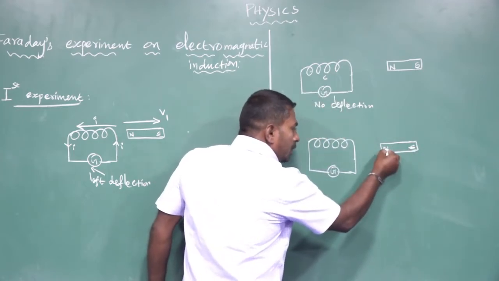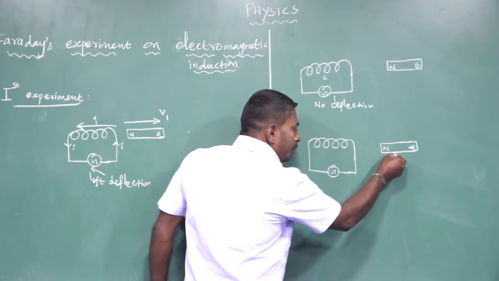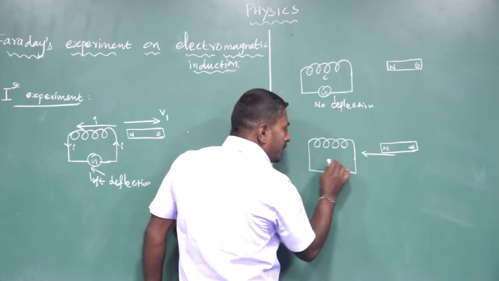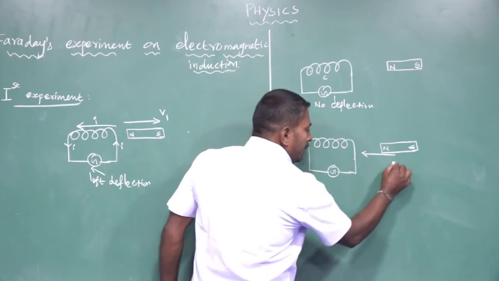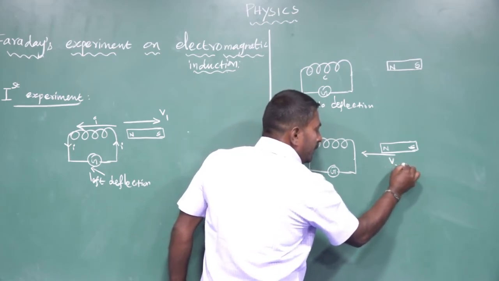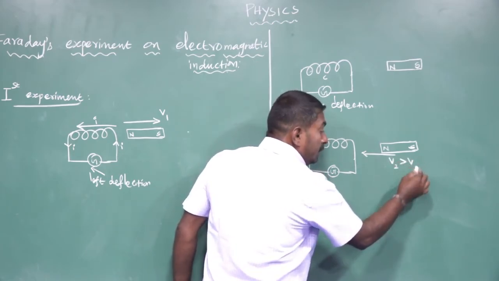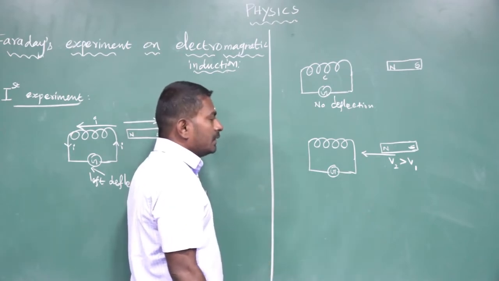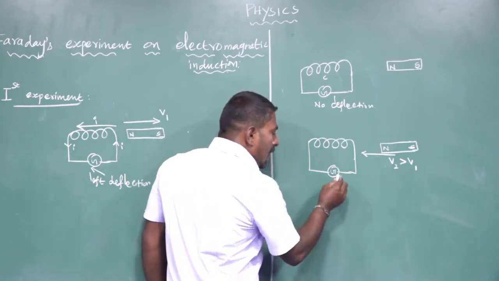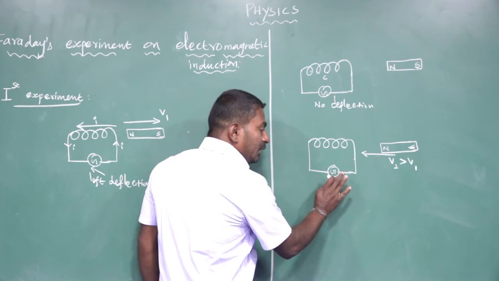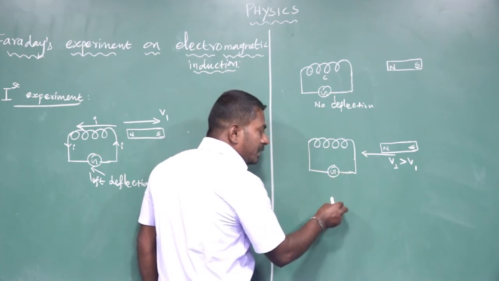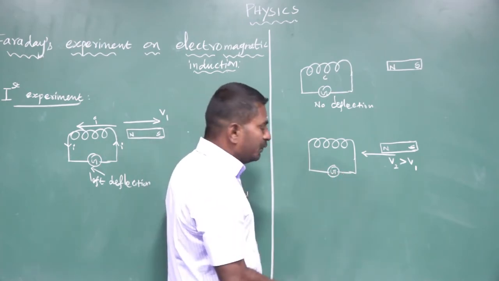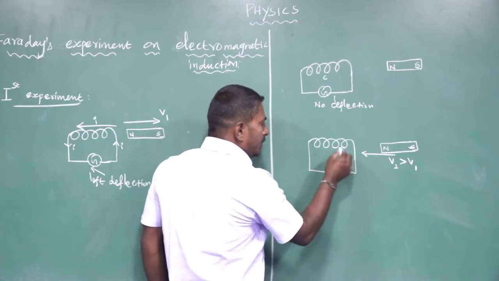Now the north pole of the bar magnet is moving towards a stationary closed circuit with a velocity v2 greater than that of velocity v1 in the previous case. Once again, the galvanometer shows a deflection, but the difference is that the galvanometer shows a larger deflection along this direction.